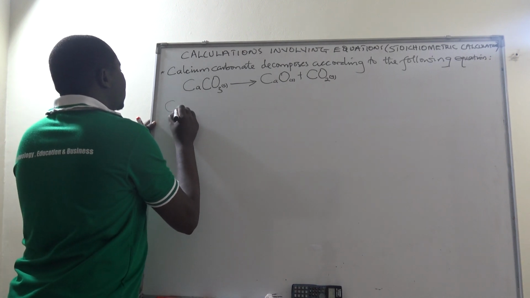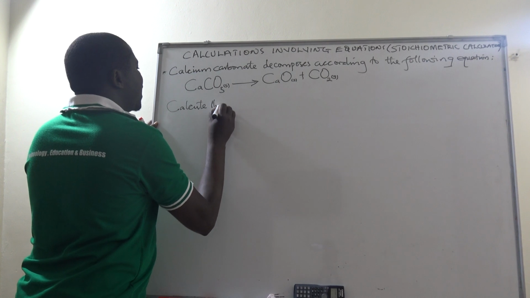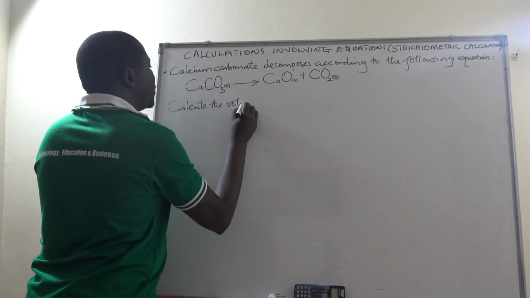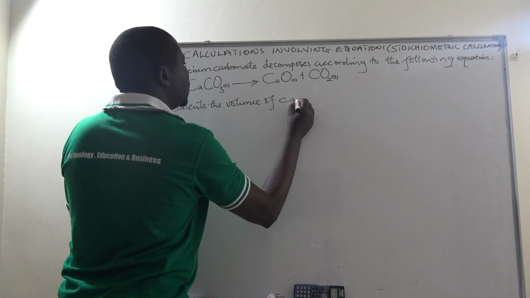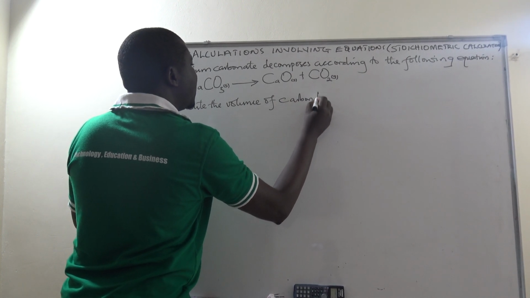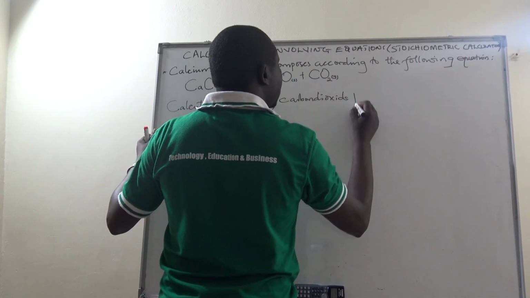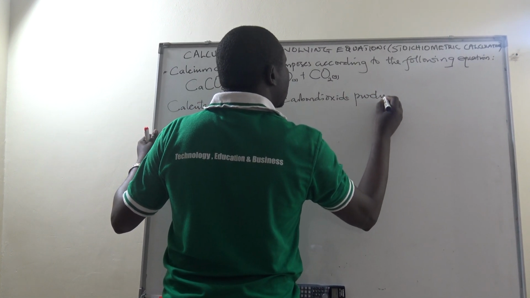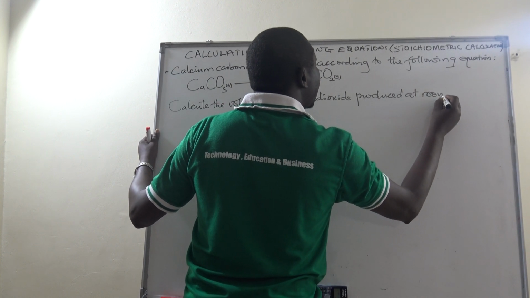So let us still calculate the volume. Calculate the volume of carbon dioxide produced at room temperature.